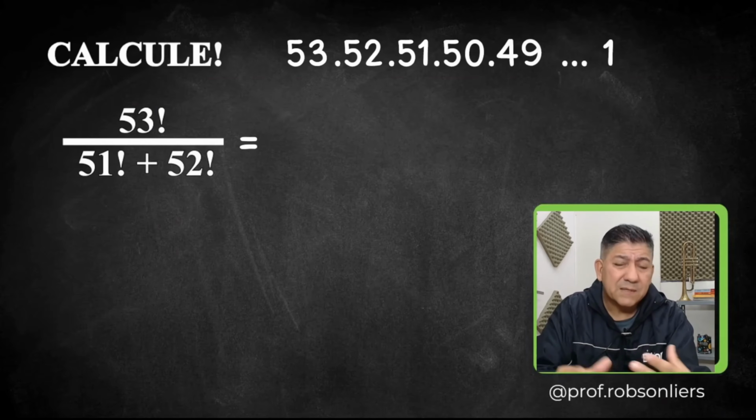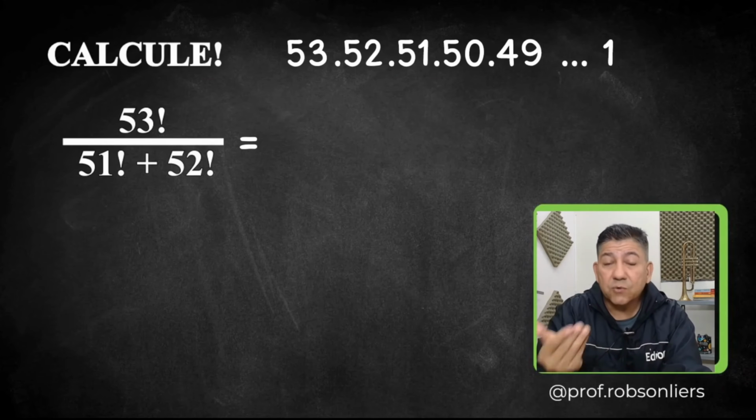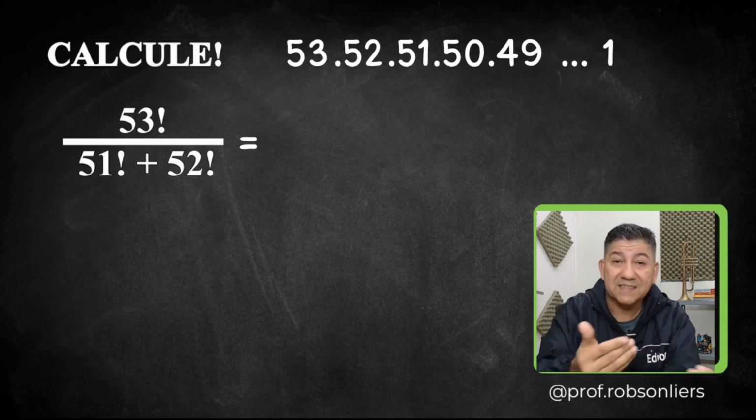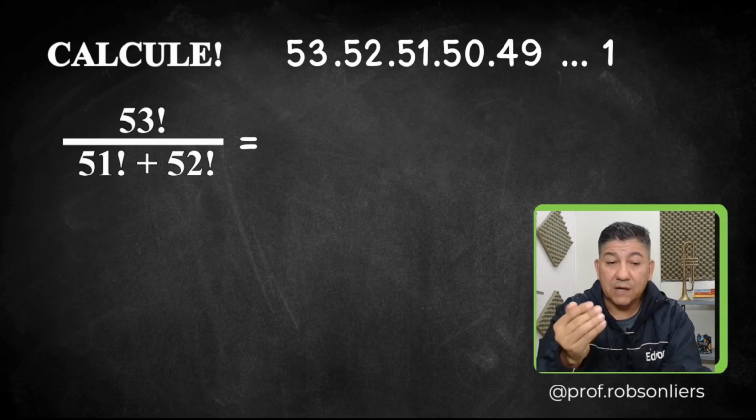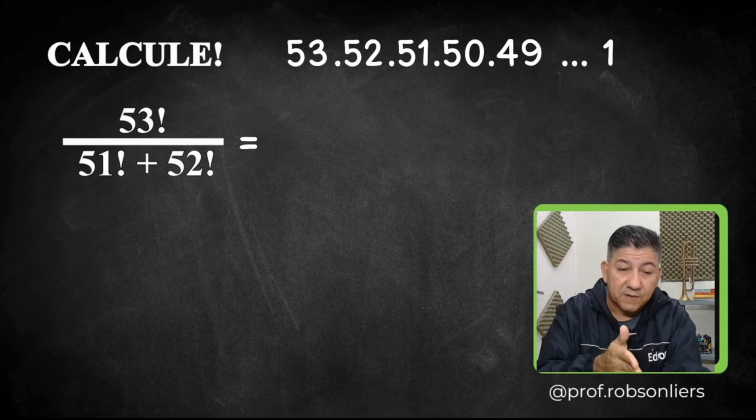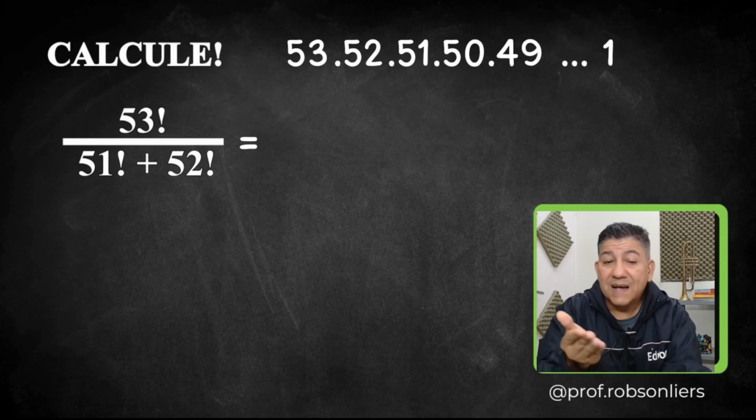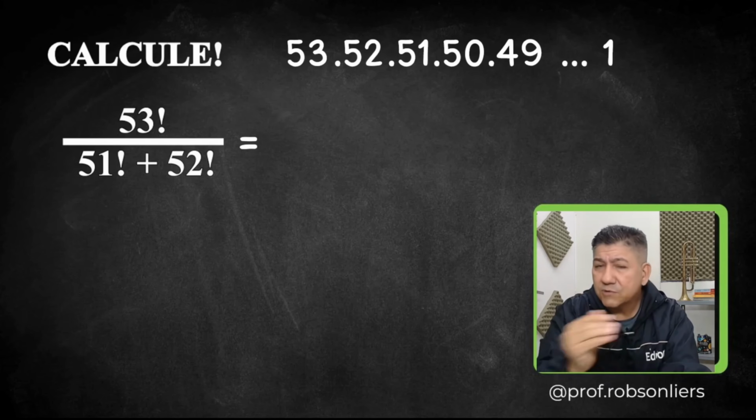Now, it's nearly impossible for us to do this calculation, right? It's such a huge number we'd spend all day on it. So we have to find some mathematical trick that lets us simplify it. Since it's a fraction, right? 53 factorial divided by 51 factorial plus 52 factorial, we have to find something we can do to simplify such a huge number like this.